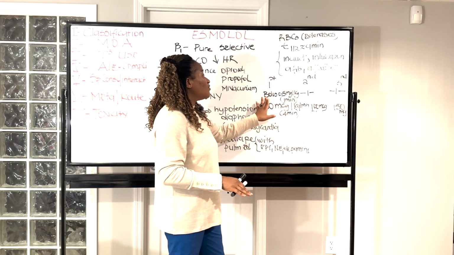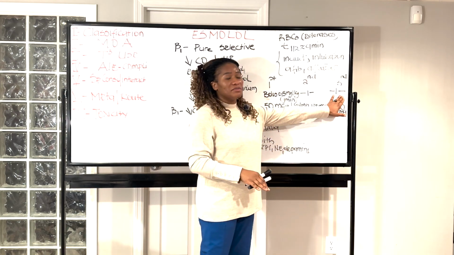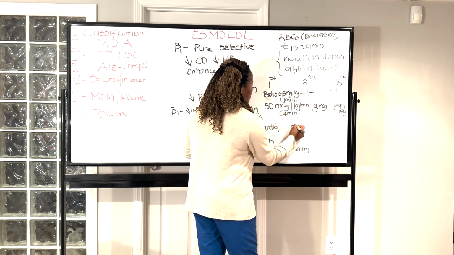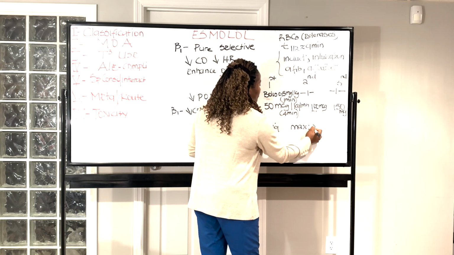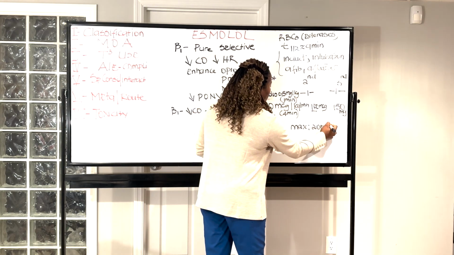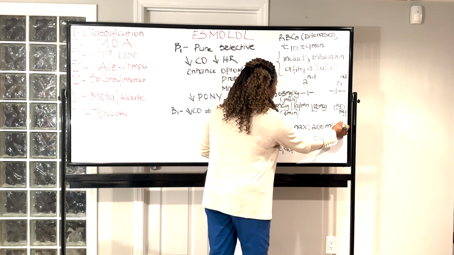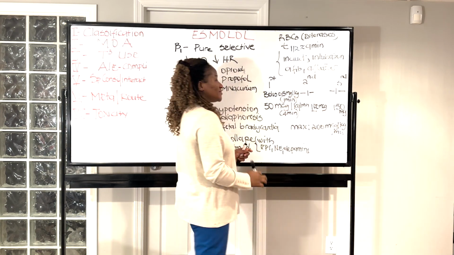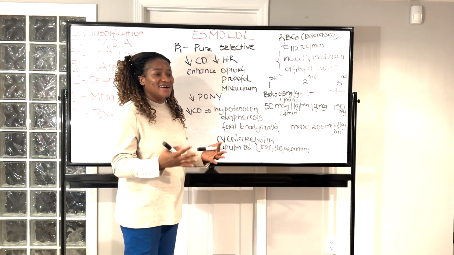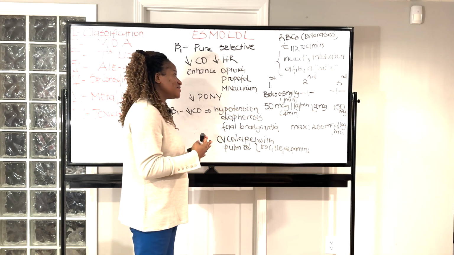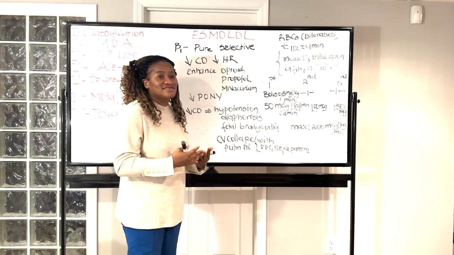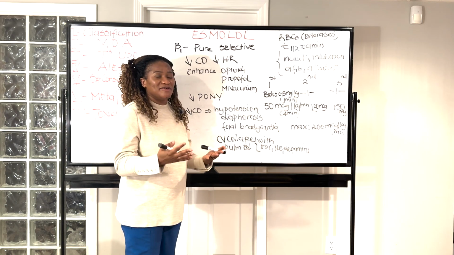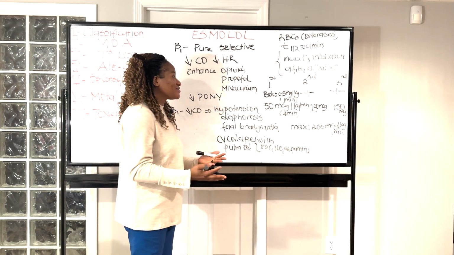And you can only give a max of 3 bolus doses, and your max infusion is going to be 200 mics per kg per minute. So you need to know this by heart, because it would be unfortunate if such a great drug is helpful, but you don't know how to give it.